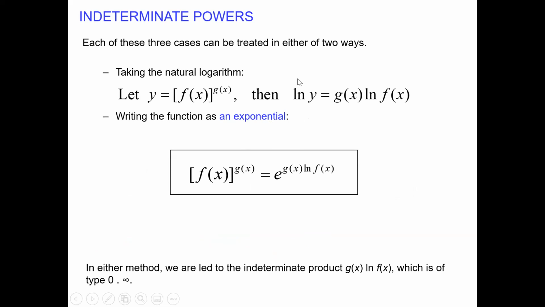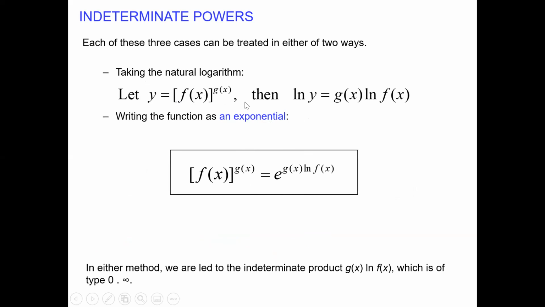In order to compute that limit, we will use the logarithmic form or we will use the exponential form. We may take this form, f of x to the power of g of x. It's not an exponential form, but we can rewrite it.